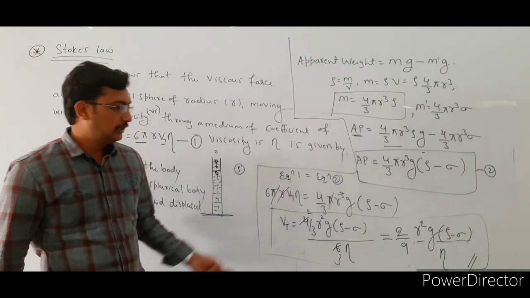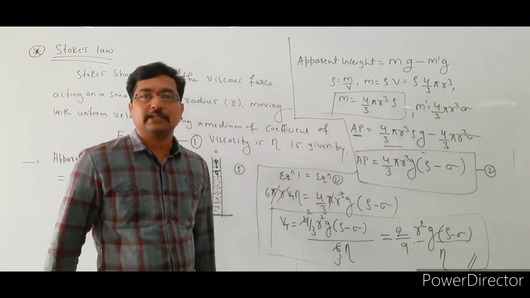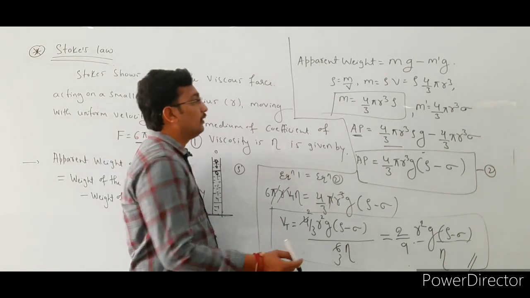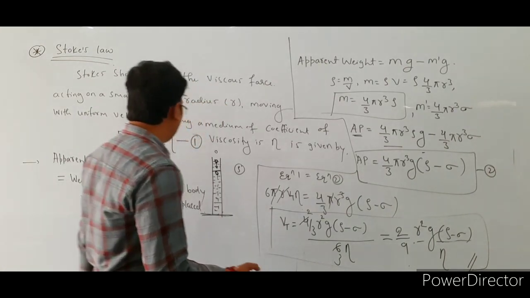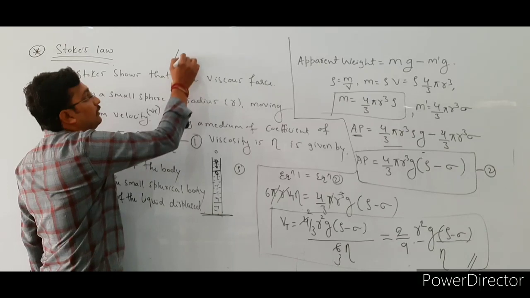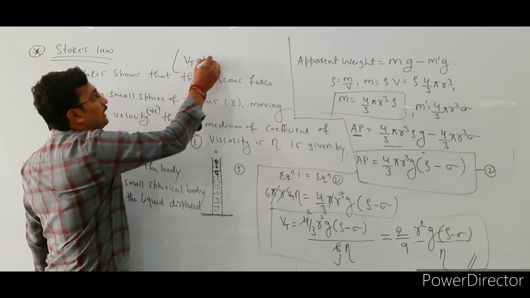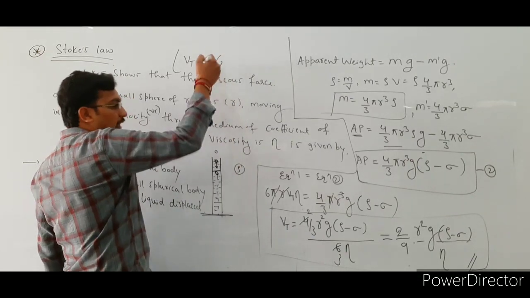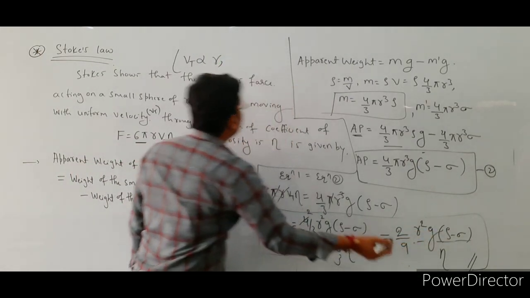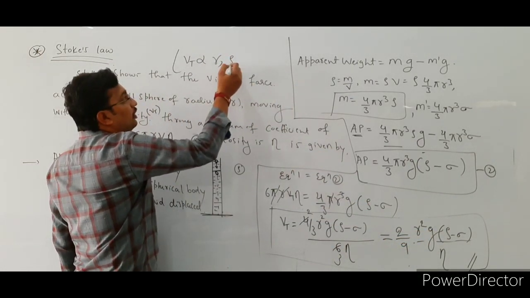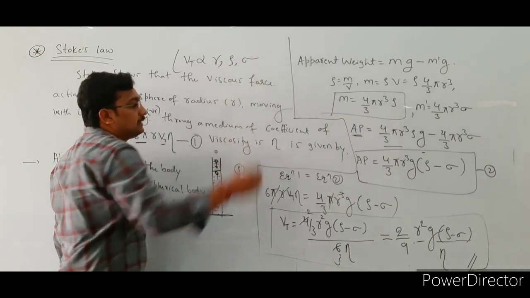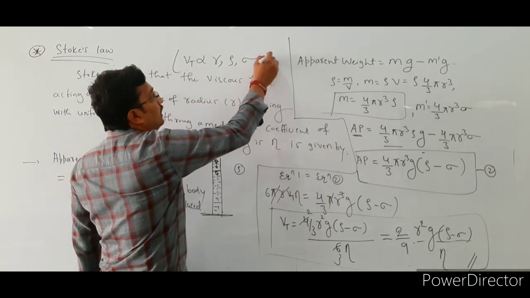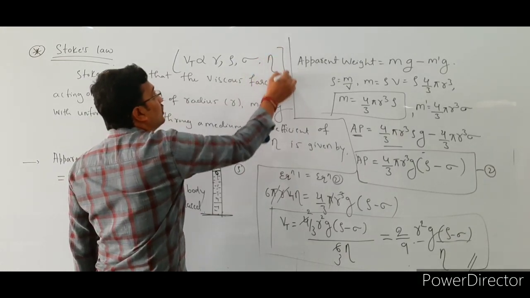Okay, the next one: the terminal velocity of the body depends on the radius of the spherical body, the density of the solid body, the density of the liquid, and it also depends on the coefficient of viscosity.